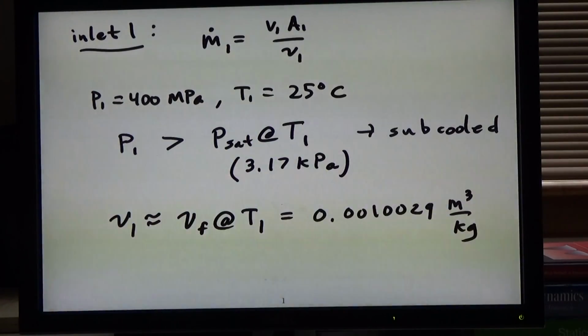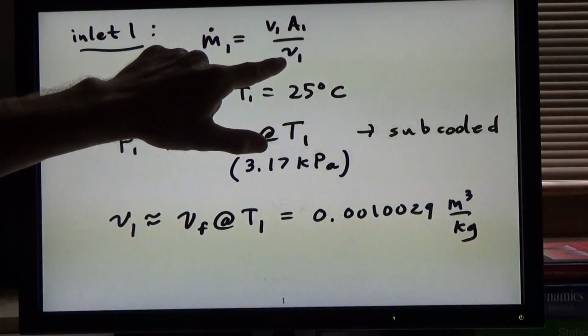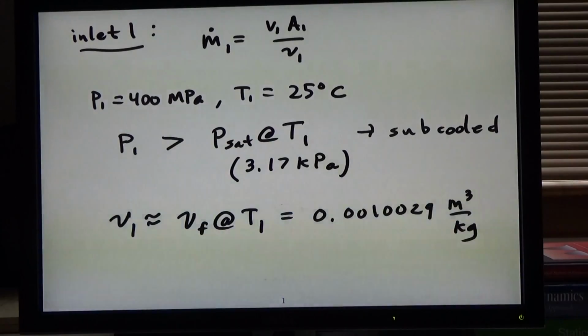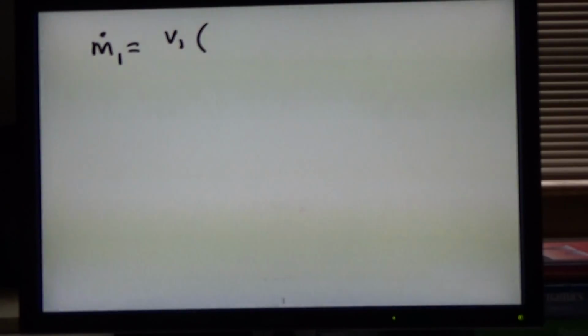So based on those given properties, now we've found specific volume 1, we have velocity 1, and we can use the diameter to get area 1. Then we're set to calculate our mass flow rate. So the mass flow rate at the inlet 1 is equal to V1 times our area.